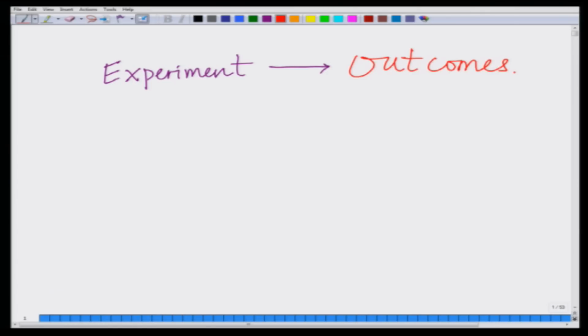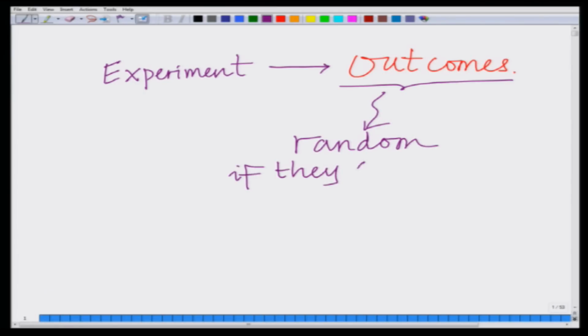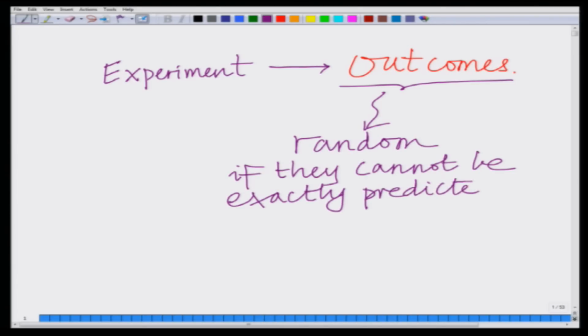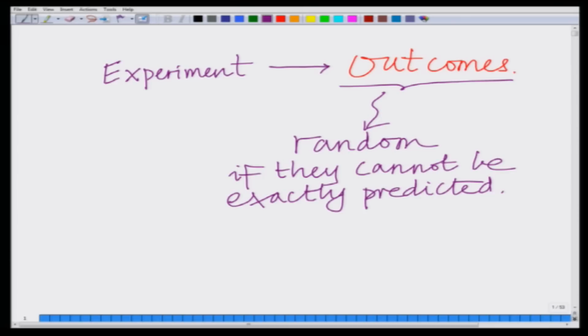These experiments lead to outcomes and these outcomes are random in nature. The outcomes of these experiments, we say they are random if they cannot be exactly predicted. For instance, let us take a simple example.